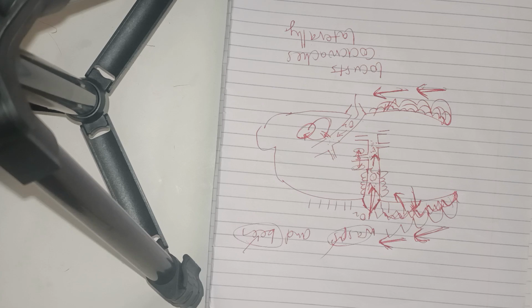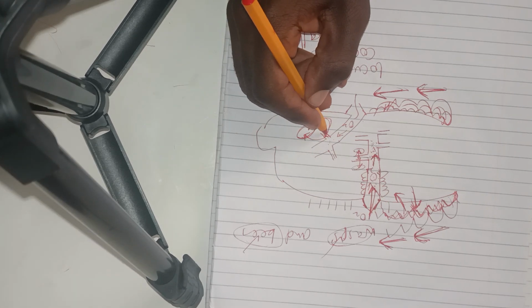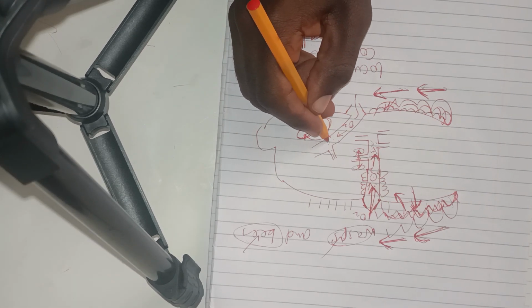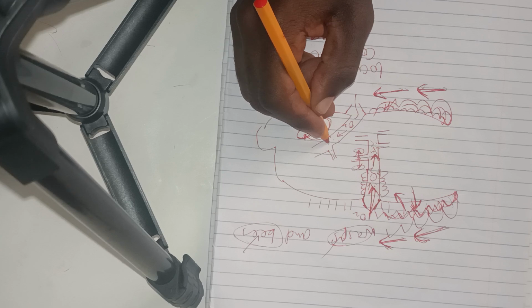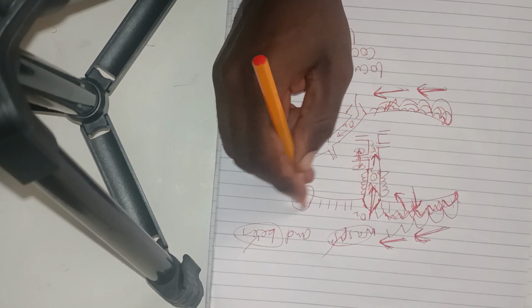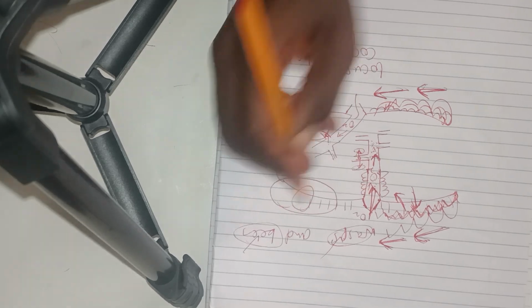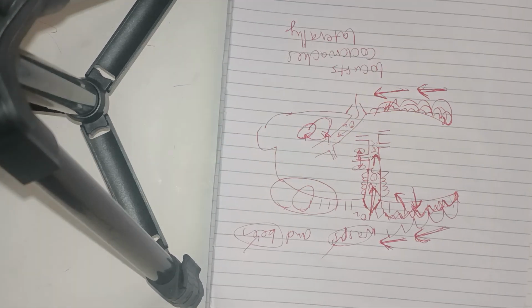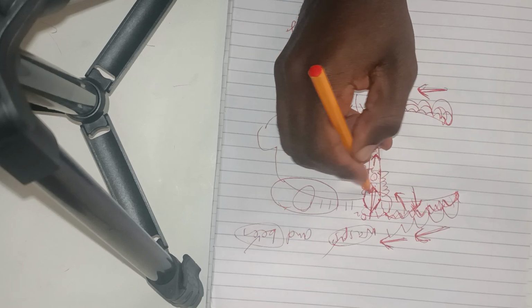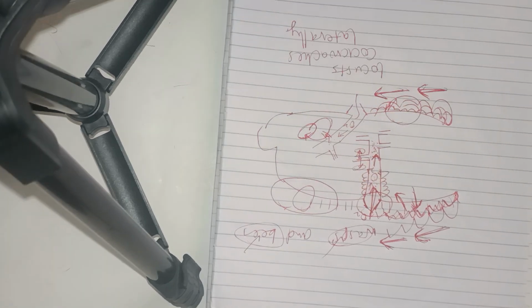Now, at the end of the day, the carbon dioxide moves from this tracheal to the trachea. Remember. Then these spiracles of the thoracic cavity will close. Then the spiracles of the abdomen will open.